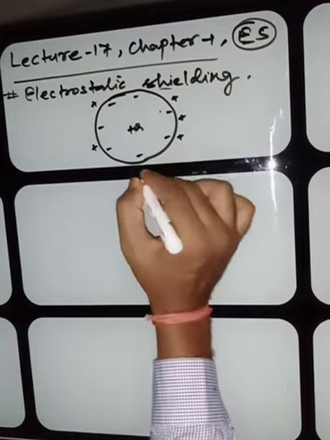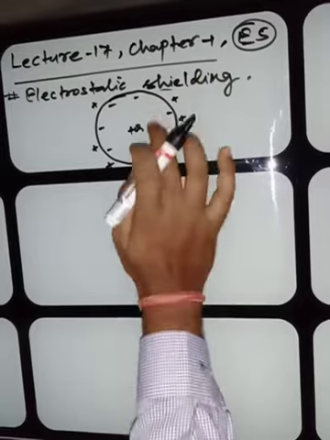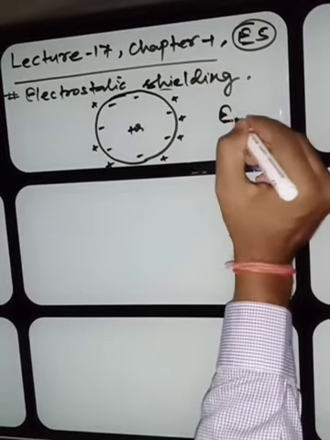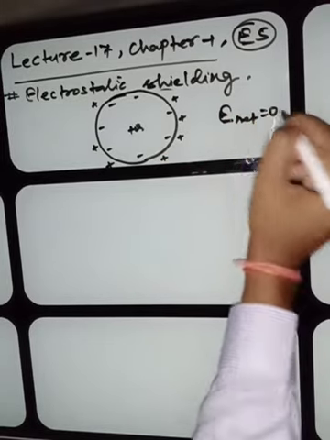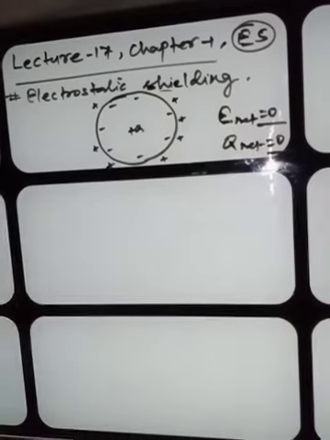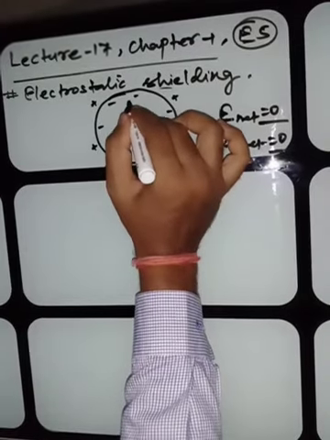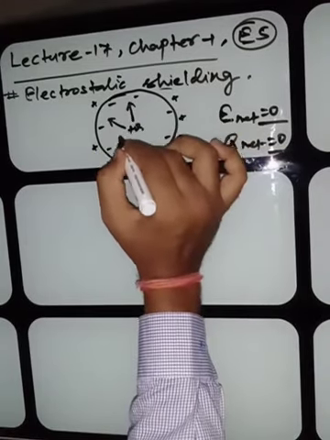The net E will be 0, no doubt, and the net Q will be 0, no doubt. But there will be electric field lines, going from positive to negative in this way.